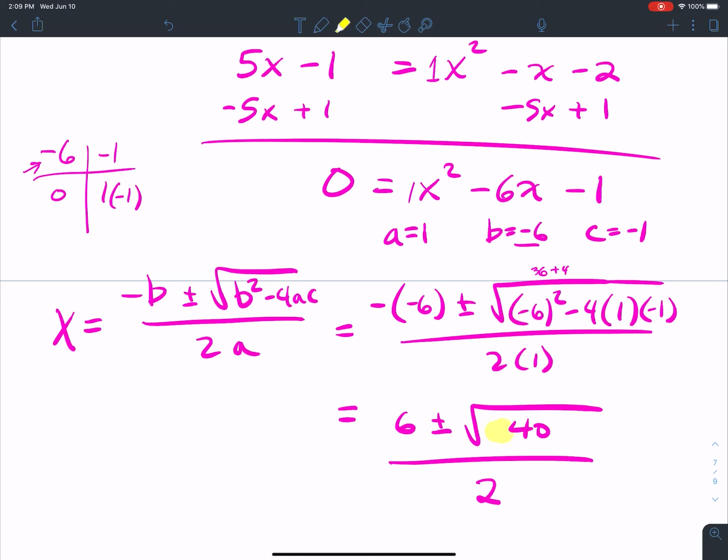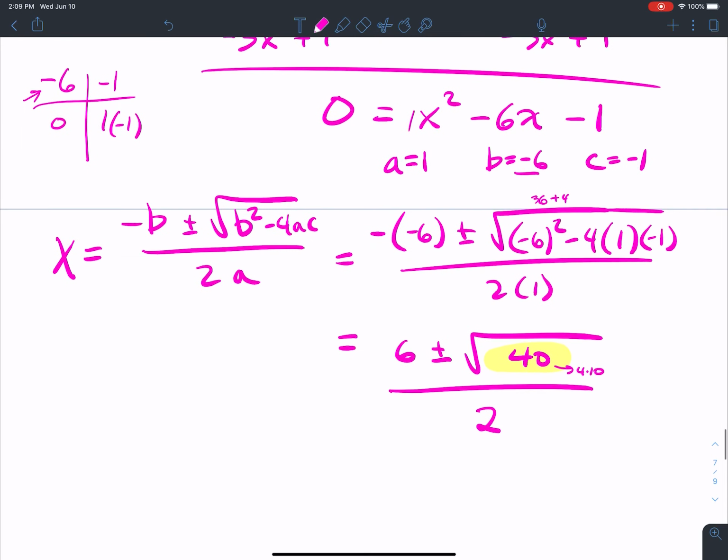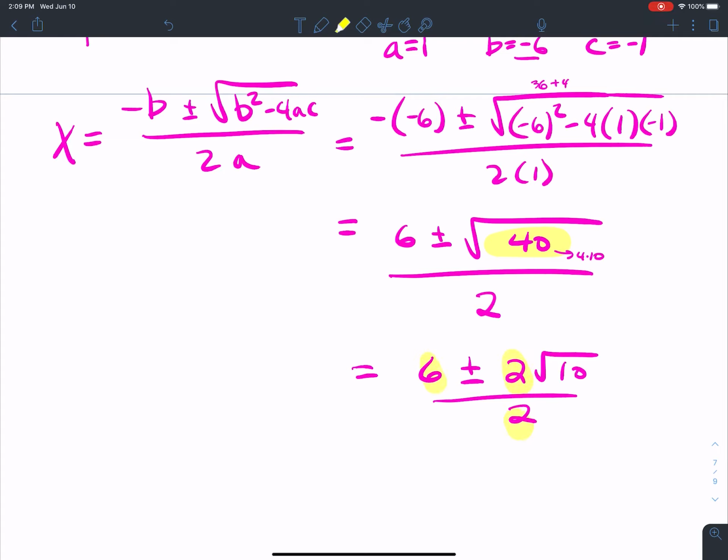Now the square root of 40, 40 breaks up to 4 times 10, and the square root of 4 is 2. So this reduces to 6 plus or minus 2 square root 10 over 2. Every one of them has a 2 factor in common, so this reduces.